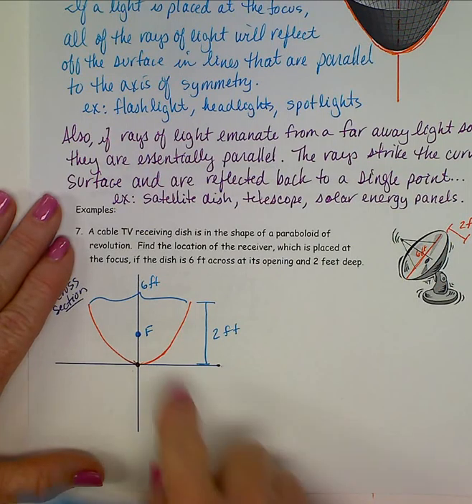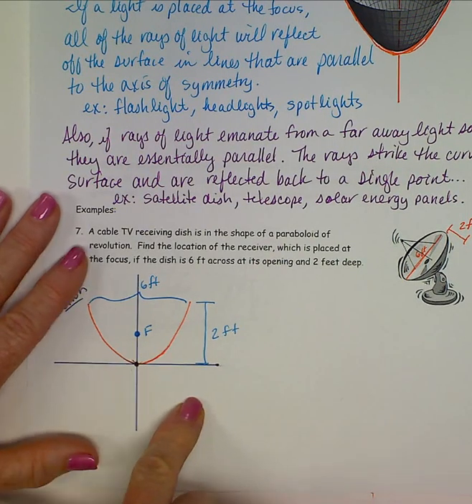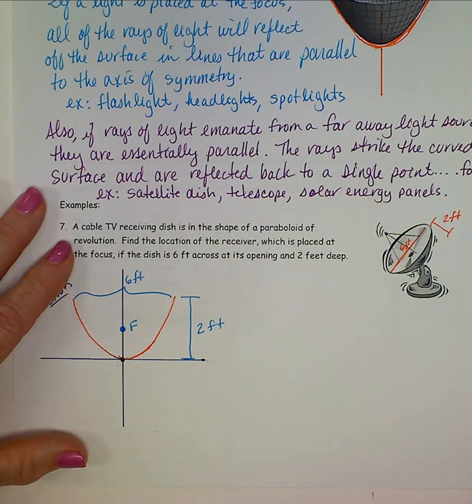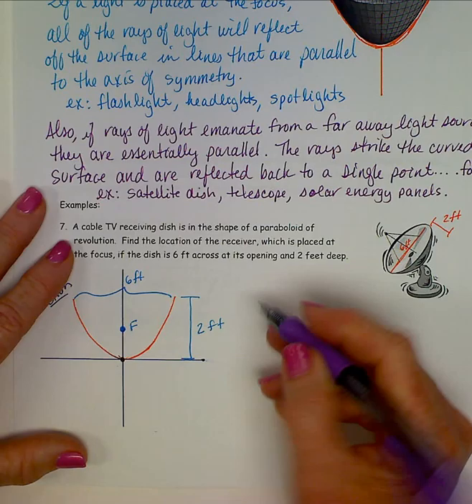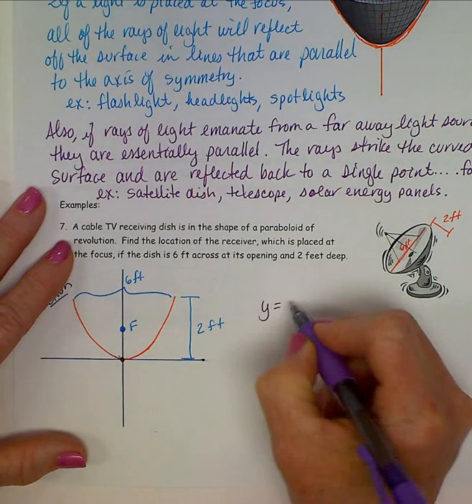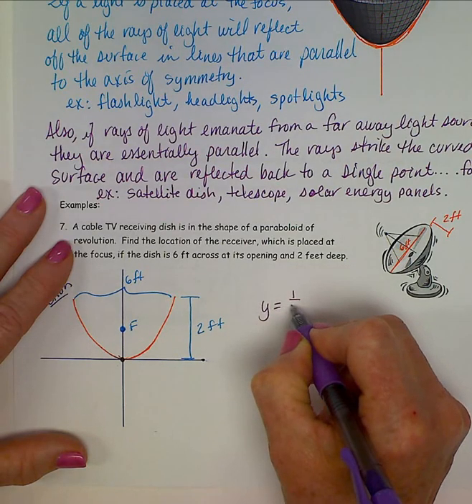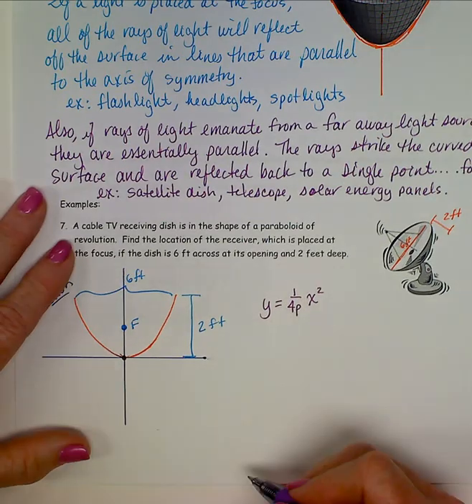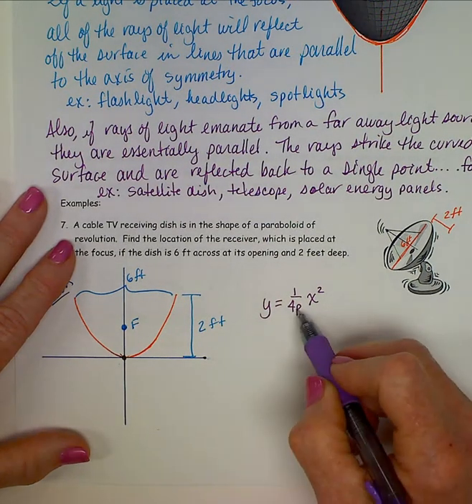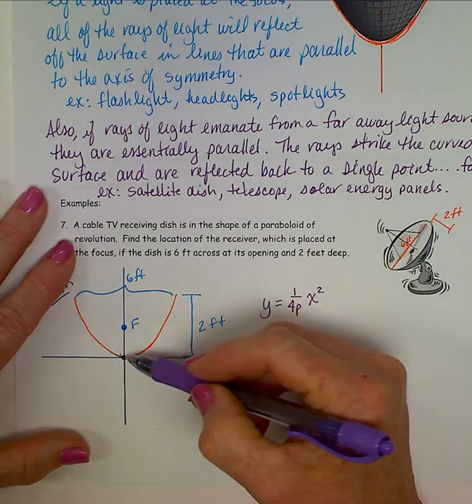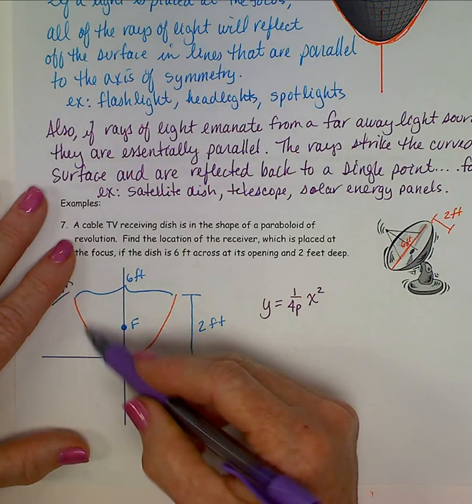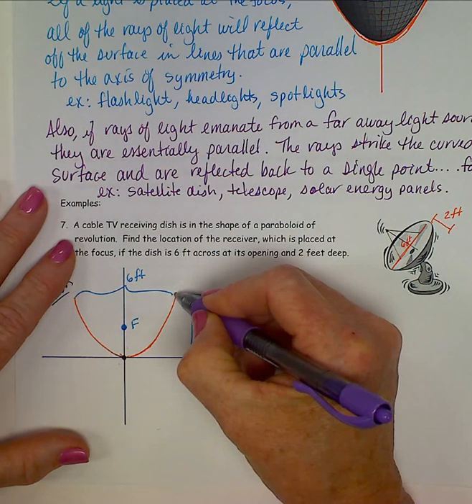Well, if we try to write the equation of this parabola, it's opening upwards, so we know that it is y equals. And we put its vertex at 0, 0, so we'll have 1 over 4p times x squared. p is exactly what we're trying to find. Where is that focus? Okay, looking at this picture, can you tell me the coordinate of that point right there?